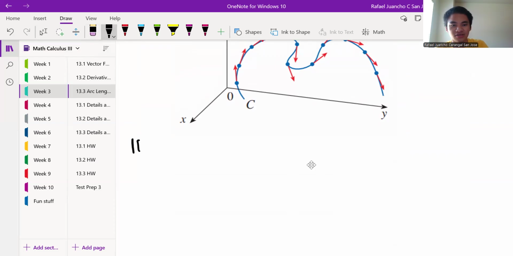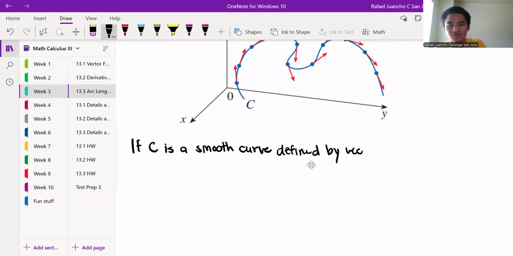So here we're going to say C is what we call a smooth curve, and let's say it's described by a vector function, R of t maybe, because that's the notation we've always been using.